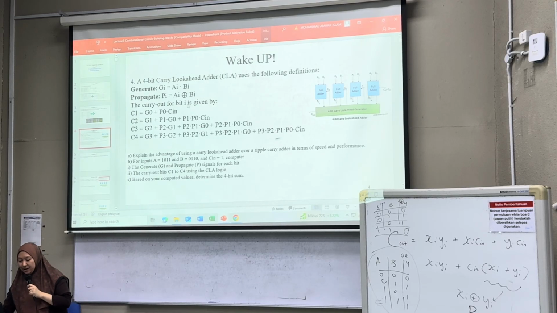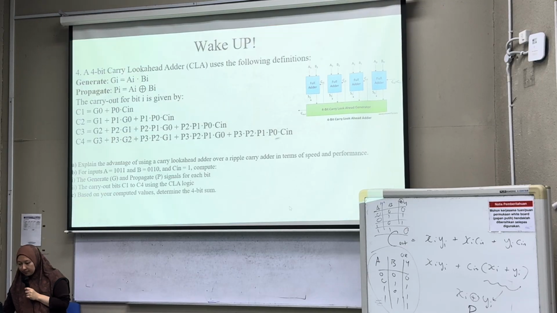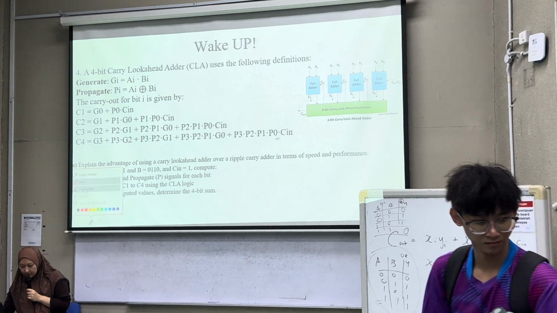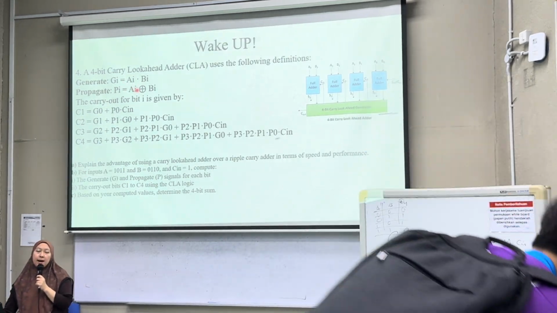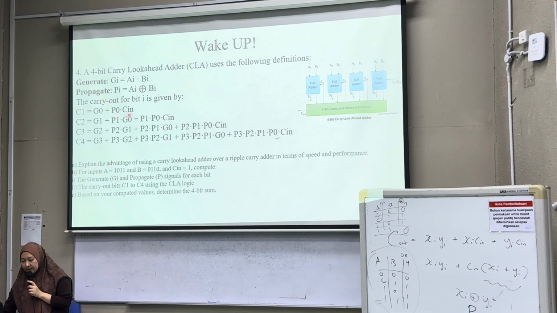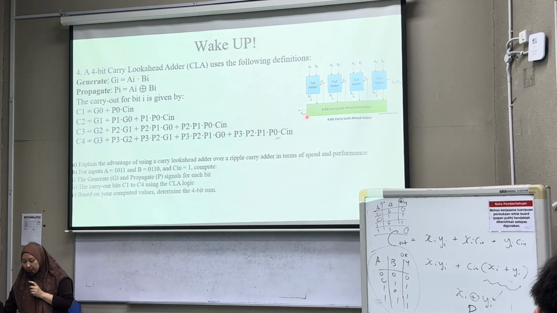Right. So looking at this question, I'm already giving the propagate. Propagate is Pi, A XOR with B. The carry out for Pi is given. C1 is here, C2, C3, and C4, which is the C out.